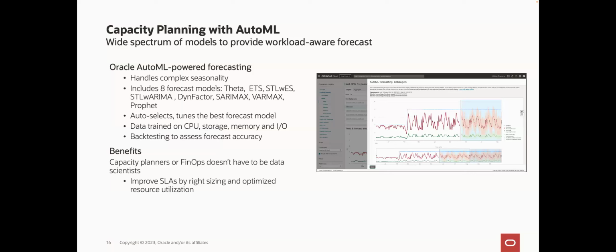Under the hood, AutoML forecasting leverages the Oracle Data Science AutoML service, which employs meta learning to quickly identify the most relevant features, models, and hyperparameters for a given training data set. There are essentially 8 forecasting models considered, and the best fit for each time series is used to generate forecasts. Models and forecasts are automatically and periodically retrained using up to 13 months' worth of historical data.